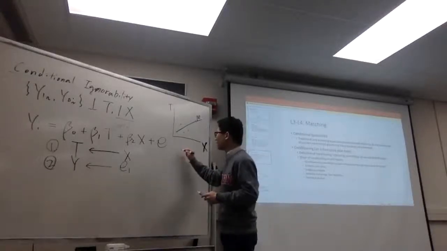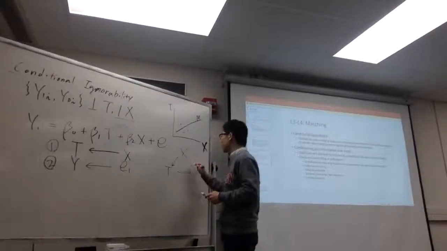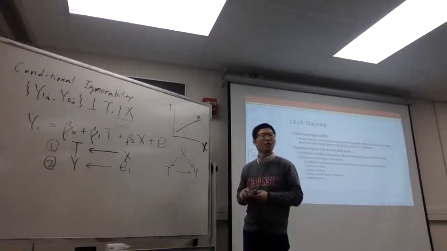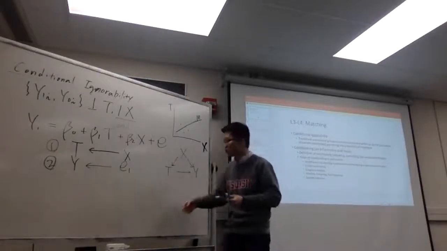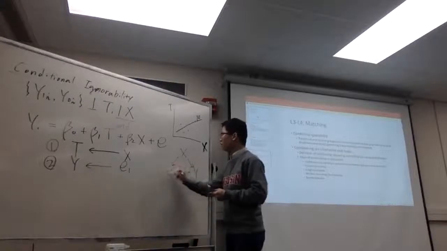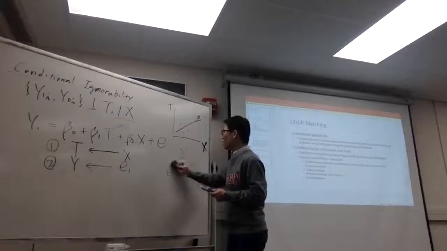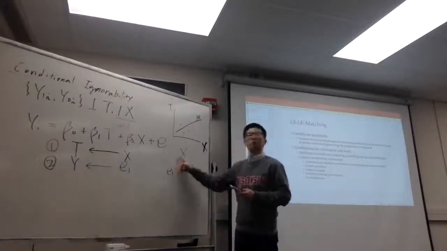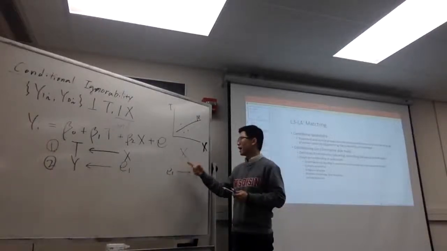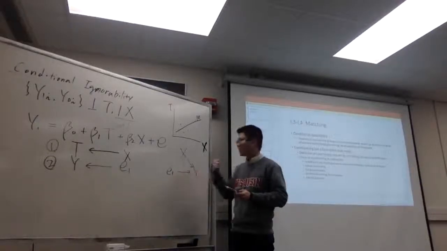So that way, confounders are held constant, or by running regression of y on t, you are leaving out this linear correlation between x and t. Does that make sense? Good? All right.